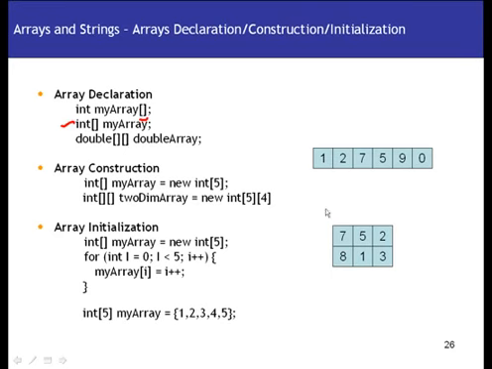So here, if you have a look at the figures we have on the right, the first diagram actually is a single-dimensional array where you have stored a number of integer values in a one-dimensional array. So your array can only grow in one dimension when you talk about single-dimensional arrays. But when you talk about two-dimensional arrays, your array can grow in two dimensions, right?